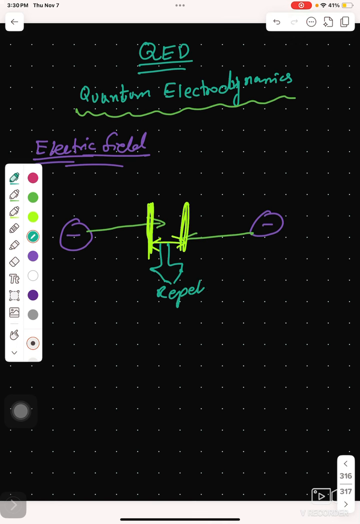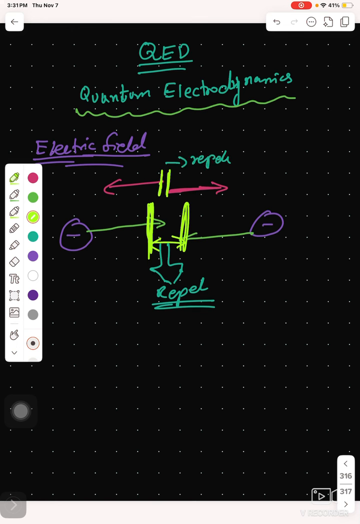This is an L, not a K. We have been told that till now this is all because of some kind of force, electromagnetic force or electric force, and they repel because of them being like charges. That's true, they are like charges.